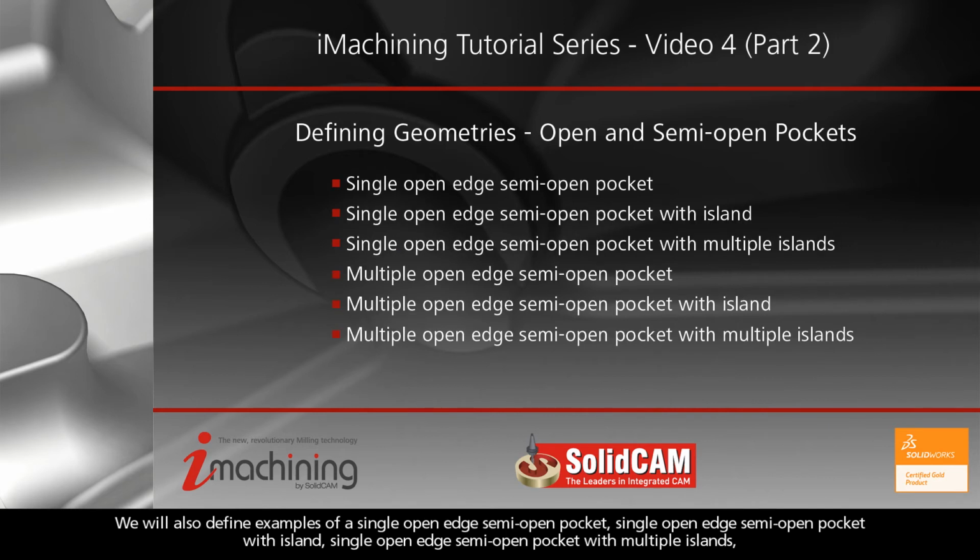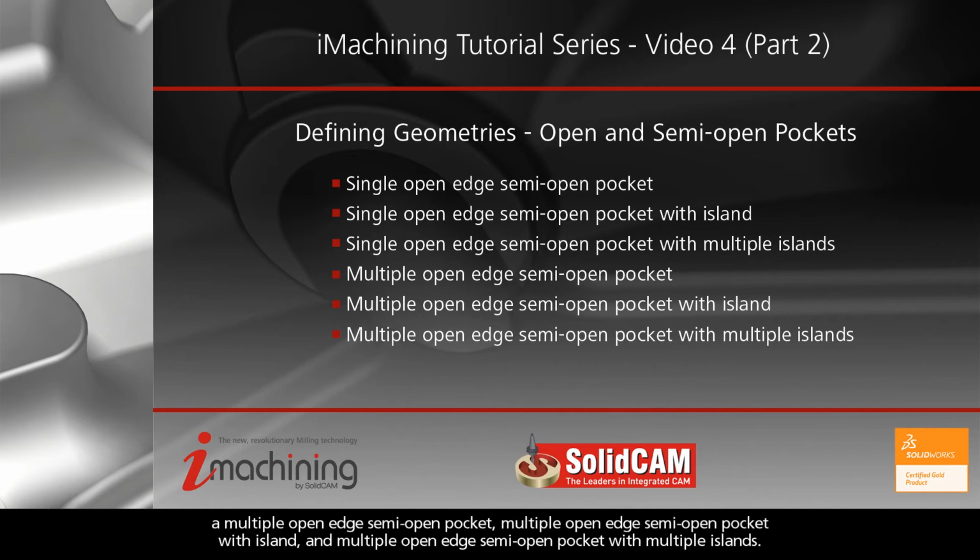We will also define examples of a single open edge semi-open pocket, single open edge semi-open pocket with island, single open edge semi-open pocket with multiple islands, a multiple open edge semi-open pocket, multiple open edge semi-open pocket with island, and finally multiple open edge semi-open pocket with multiple islands.